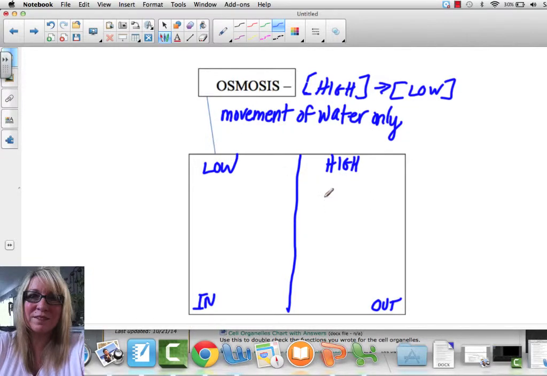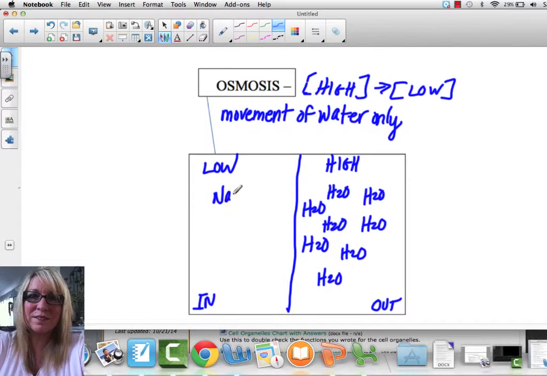Now, this is just H2O over here, water molecules. And over here, maybe I have salt water, which is NaCl, and we have to put aqueous, AQ.